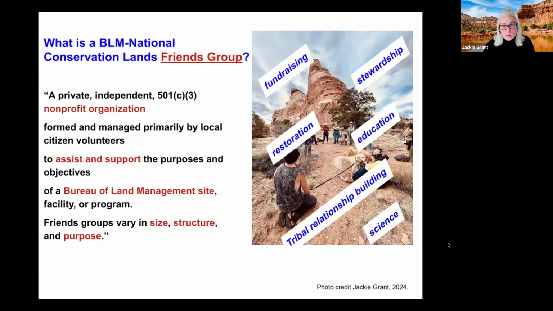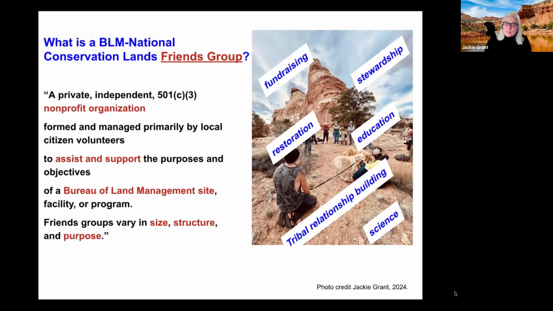For us, the site is the Grand Staircase Escalante National Monument, or a specific facility. It could be a lighthouse in Florida, or a program like an educational outreach program. And these friends groups vary in their size, structure, and their purpose. Our friends group is about 10 employees right now, but some friends groups are dozens of employees in size.